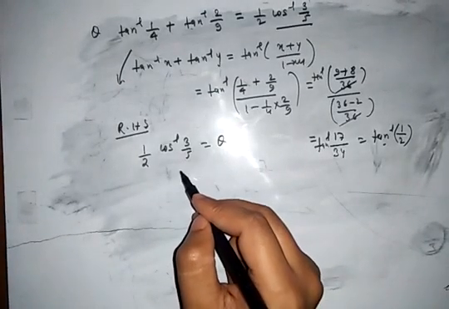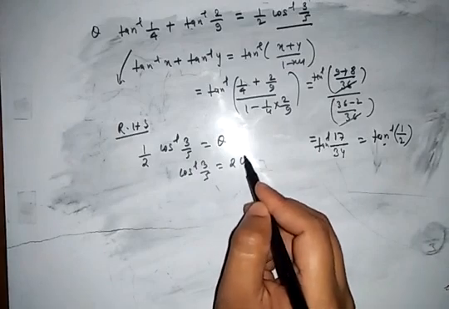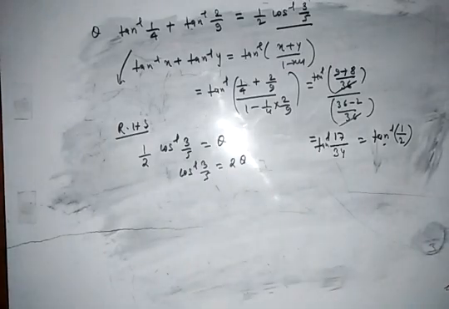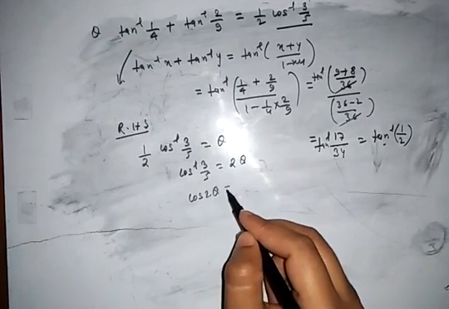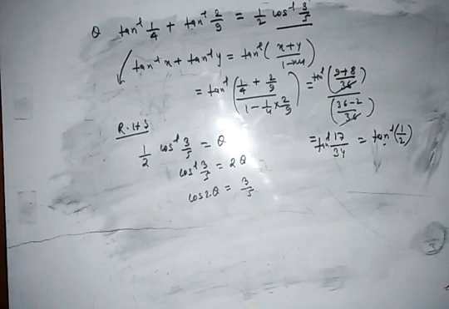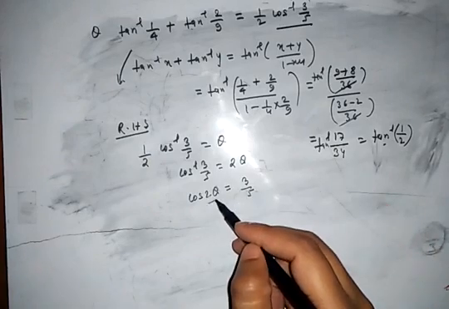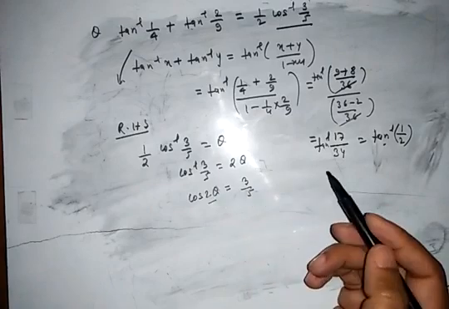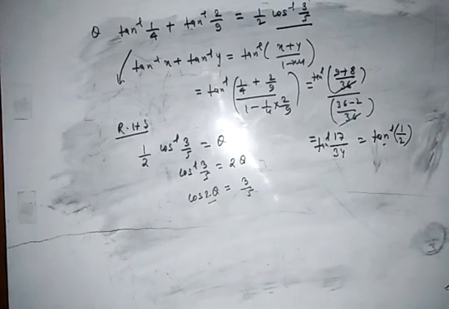Assume, so cos inverse 3 by 5 is nothing but twice theta. Okay, so cos 2 theta is nothing but 3 by 5.